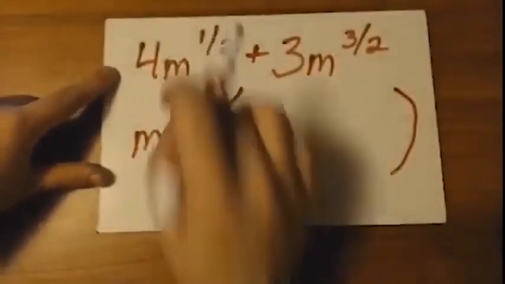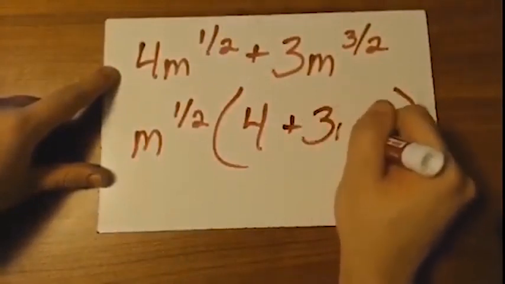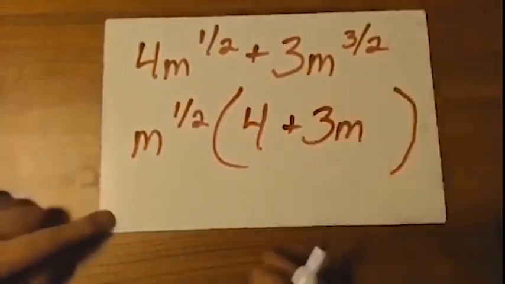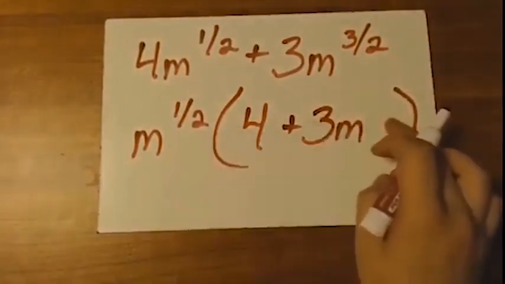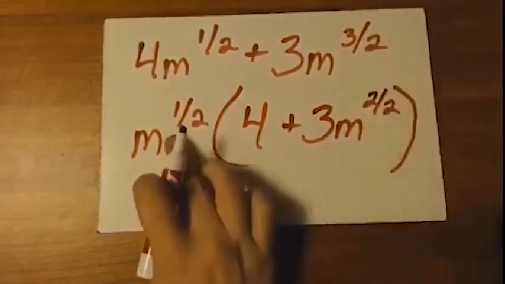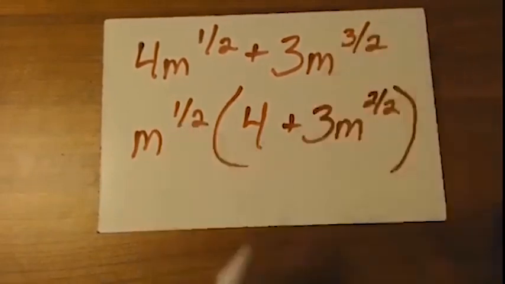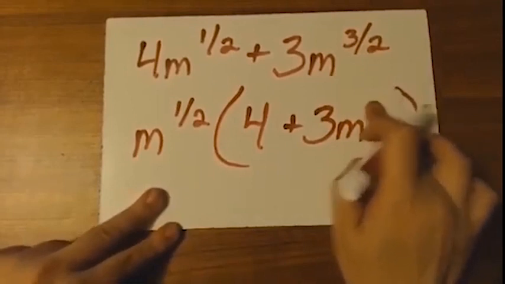Times 4 gives us the first term. Times 3m to some power gives us the 3/2 power. 1/2 times how many halves is 3/2? 2/2. 1/2 times 2/2 is 3/2. But 2/2, that's just 1.